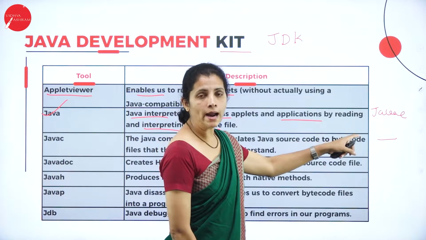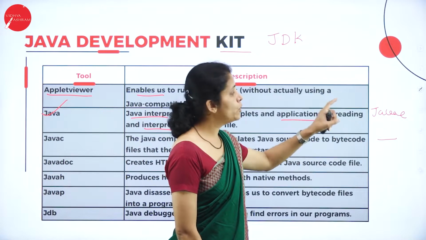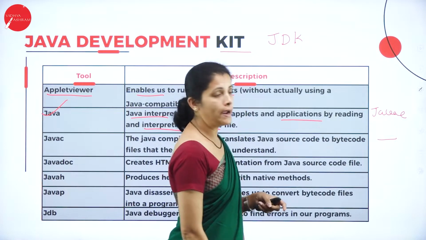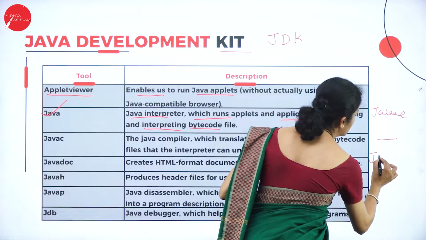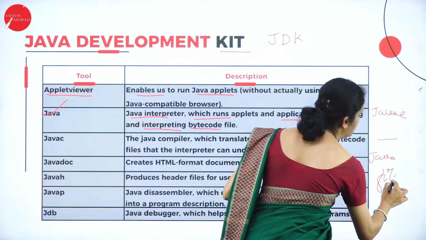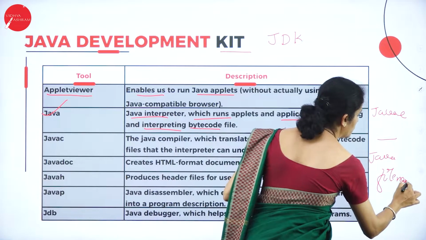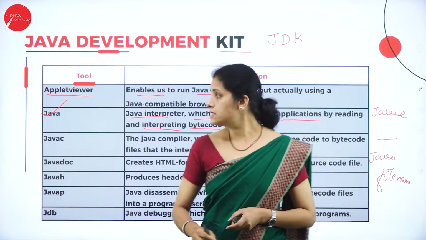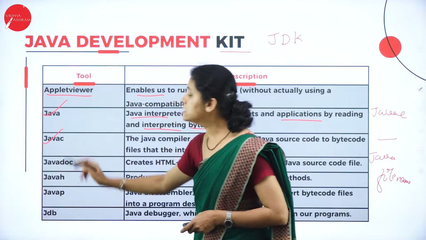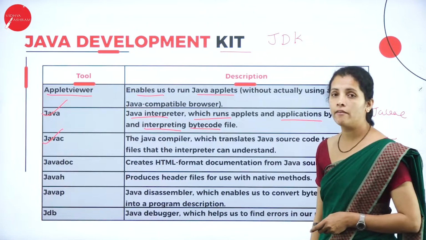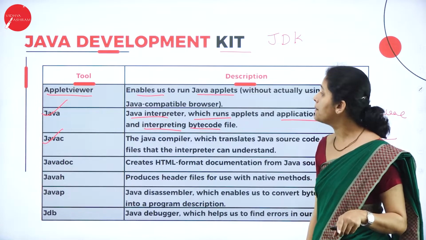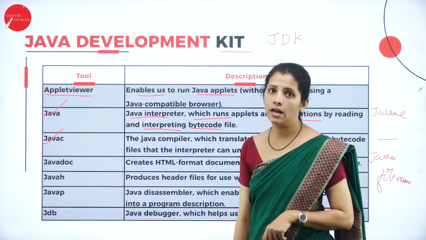Once I compile my program, I am going to get the bytecode. To run bytecode, I am going to write java, then the filename. So here java is nothing but the interpreter. Now, what is javac? That is the Java compiler. To compile a Java program, I am going to use the Java compiler.